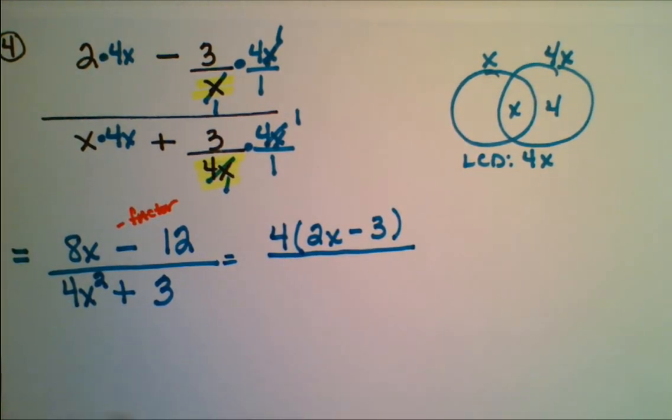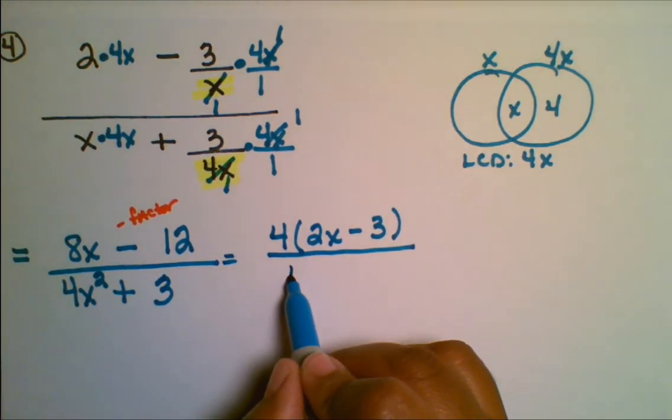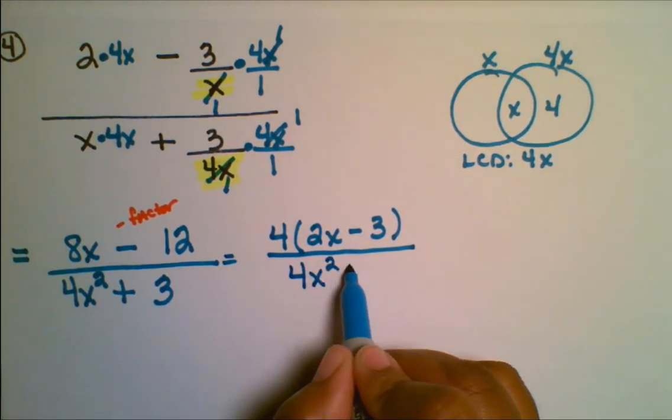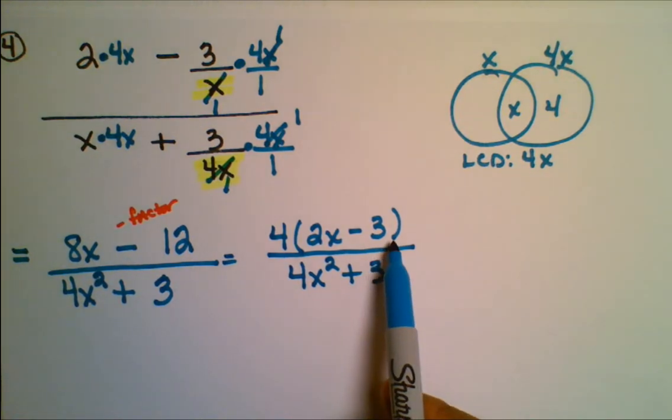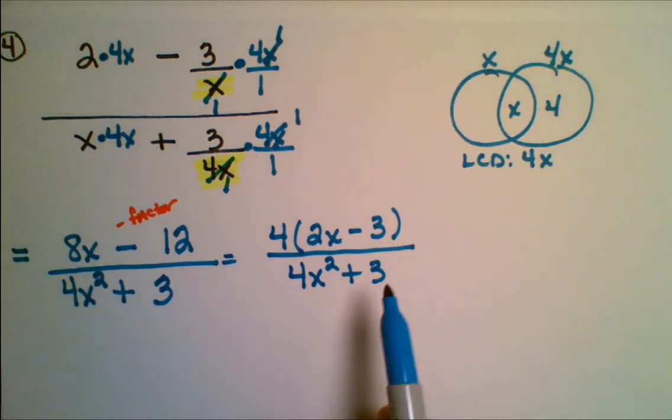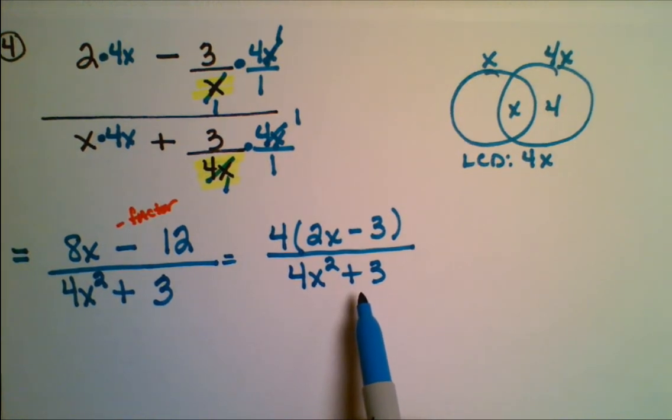Can that be factored? No, it cannot be, because there are no common factors for 4x squared and 3. So we were able to factor the GCF out of the numerator, and that's it. And remember, whenever we simplify a rational expression, we want to find all the possible factors that we can factor out.